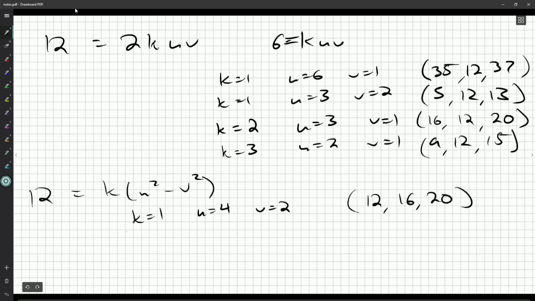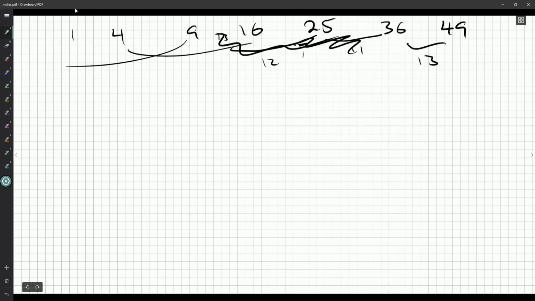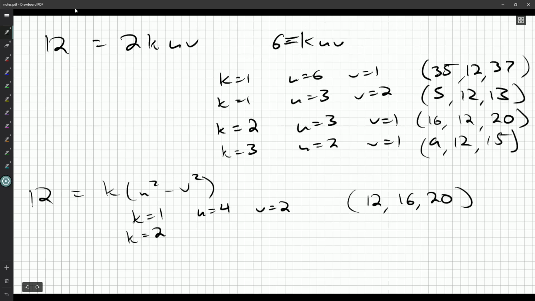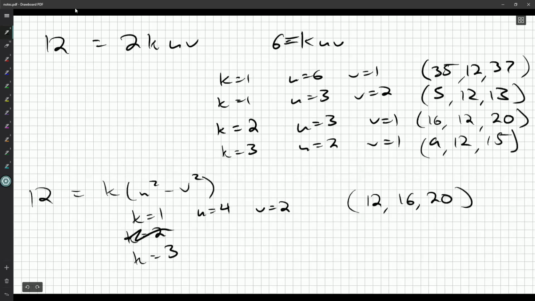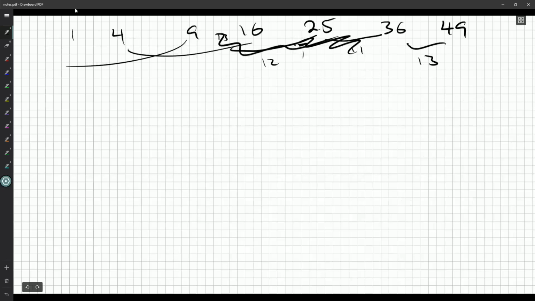Okay, we could have k is 2, and then is 6 the difference between some squares? Well, again, if we look at our little chart here, no, we're never going to get that. What if k is 3? Well, is 4 the difference between some squares? You could get 4 and 0, but that's not going to work, and that's about it.